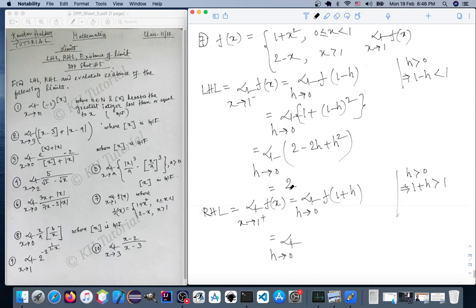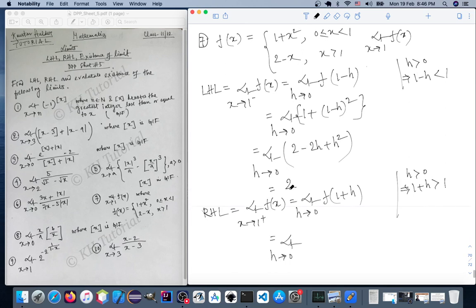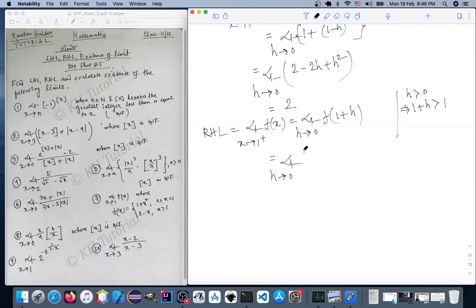So when x is greater than 1, we will have to use the second definition of f(x), that is 2 minus x. So this becomes 2 minus (1 plus h). This is 1 minus h. This is 1.